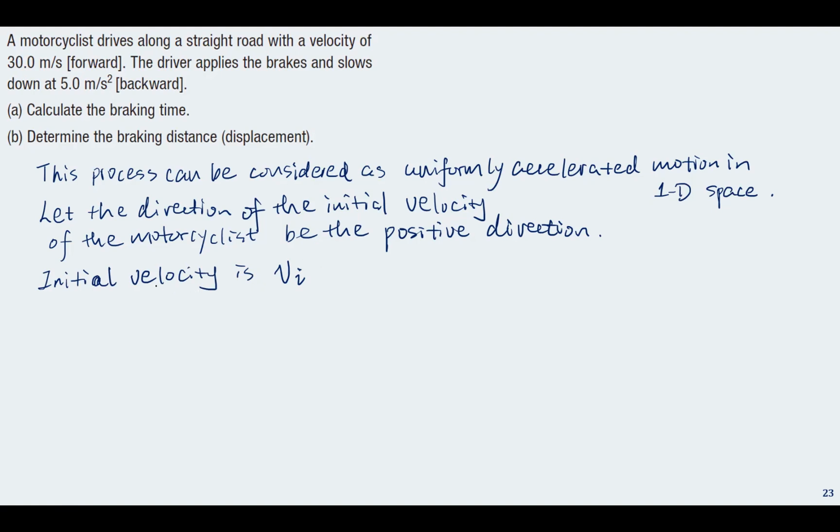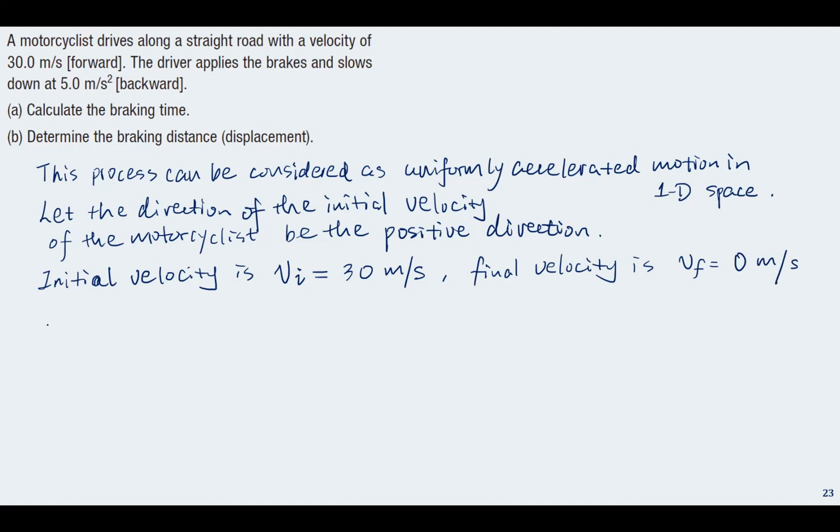So we know the initial velocity is vi, which is 30 meters per second, right? Because it has the same direction as the positive direction. And when the driver stops, the final velocity is Vf. Again, I'm going to use a symbol here. For simplicity reasons, I don't put an arrow on top of it, which is 0 meters per second, right?